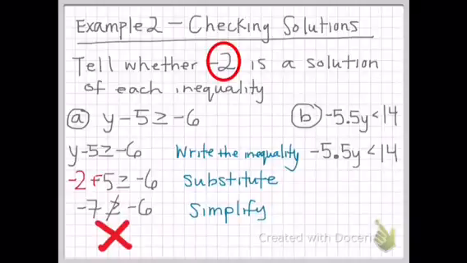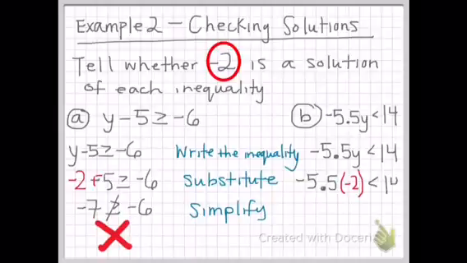And then, now we're going to substitute. Negative 5, you write it just the same way that you see it. But you just stick in the new value for the variable. I put parentheses because parentheses help me distinguish the values, because I know that's multiplication, and parentheses means multiplication, right? And then we have the less than 14, okay?